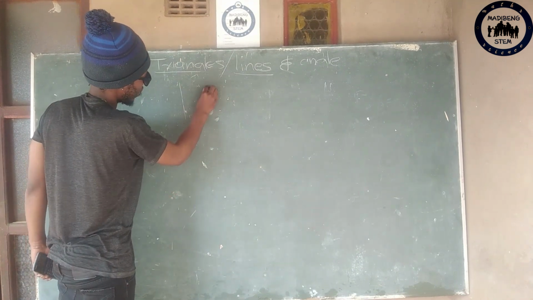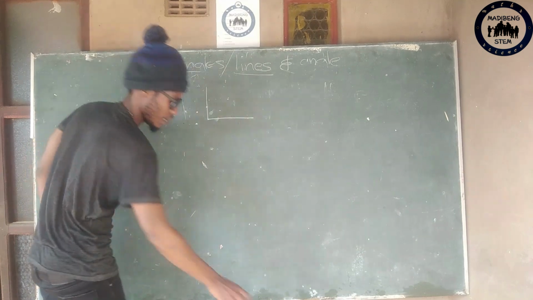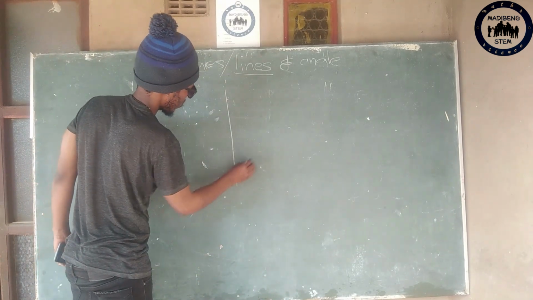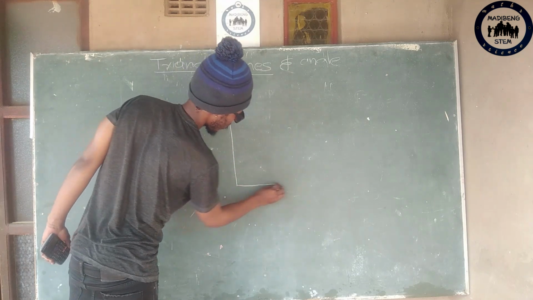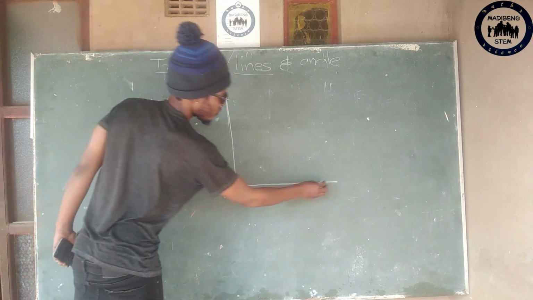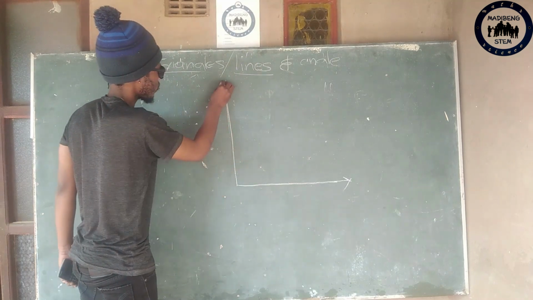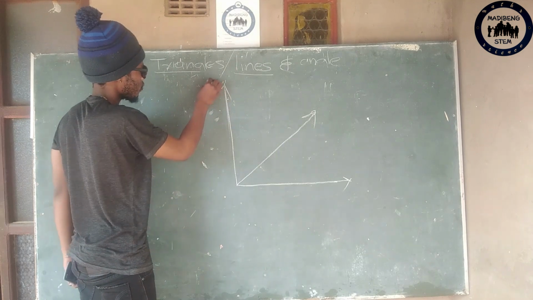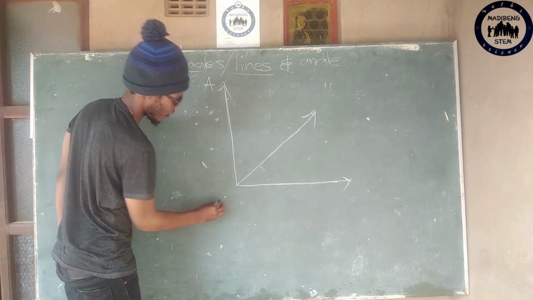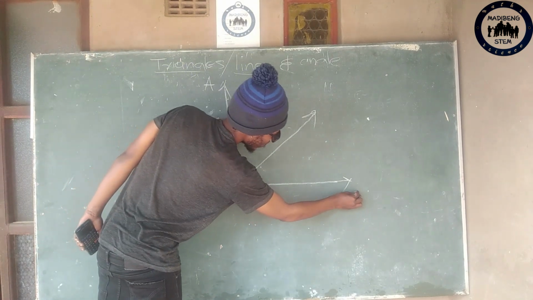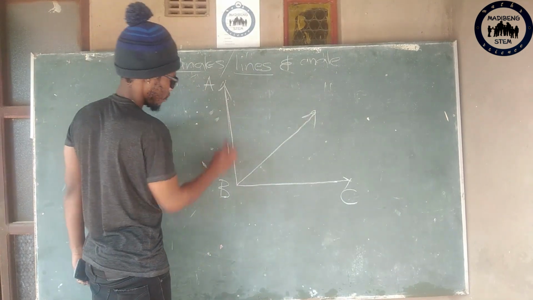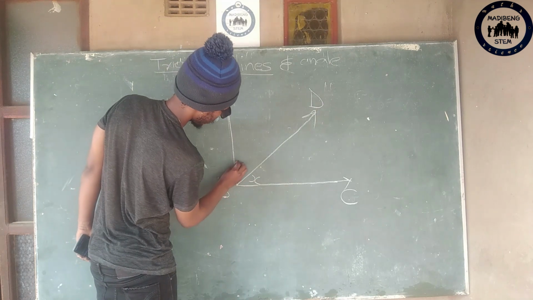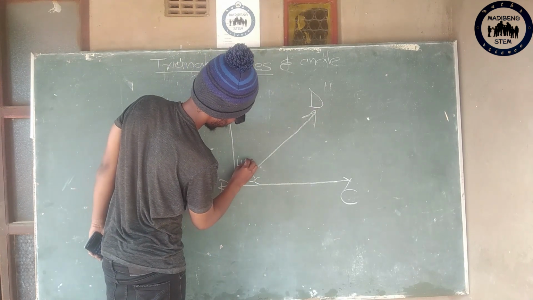So let me say we have points A, B, C, and D. This is X, this is 45.